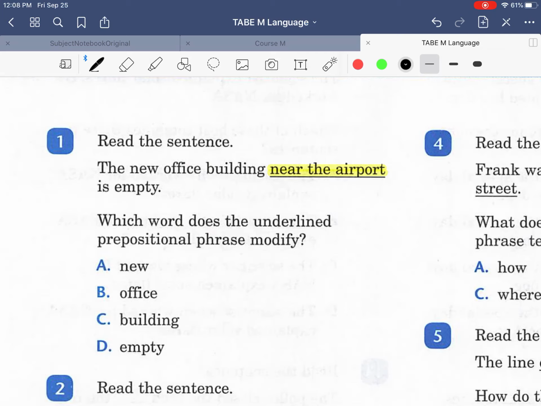So which word does the underlined phrase describe? Is it new, office, building, or empty? So ask yourself, what is near the airport, in one word, the noun? It is the building.